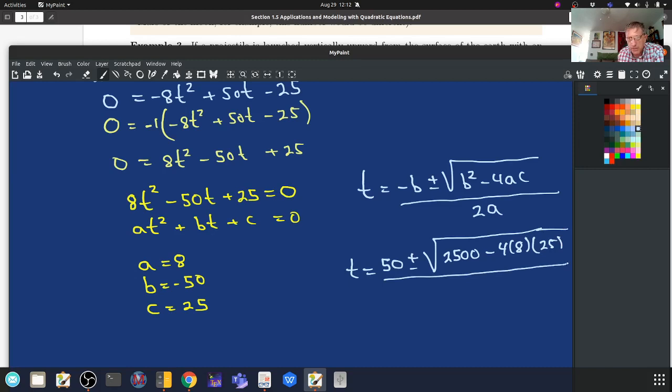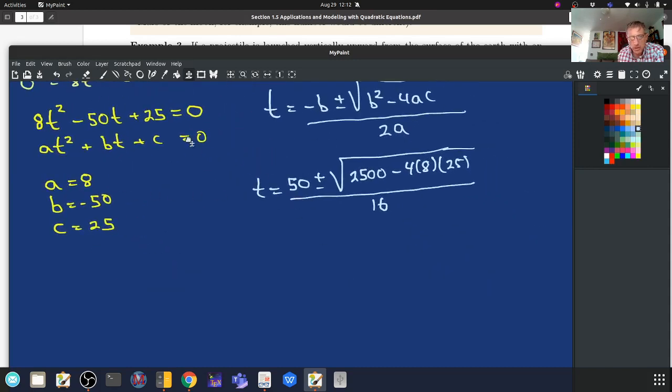All of that is going to be over 2 times a, which is 16. So again, simplifying, t is equal to 50 plus or minus the square root of 2,500 minus 4 times 25, which is 100, times 8 is 800, over 16.